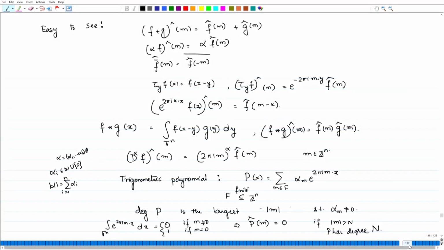Now, we need to define the Dirichlet kernel. If you recall, in dimension 1 the sum varies over minus n to n.